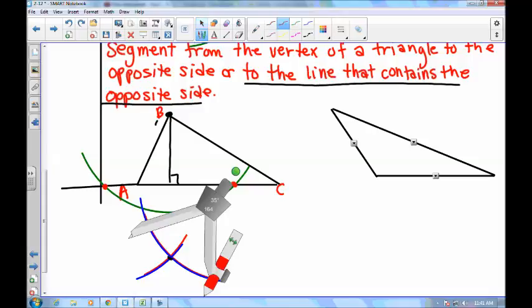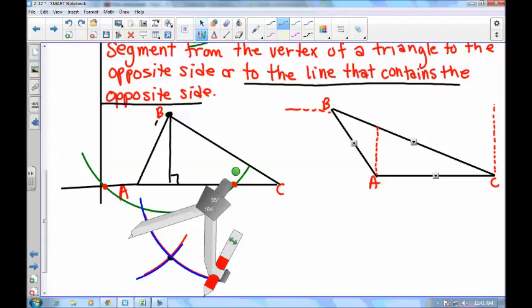Because if this is A, B, and C, the height of the triangle is not this distance. How would we measure the height of the triangle? From C? Okay, yes, we could go from C, but then where would we stop?